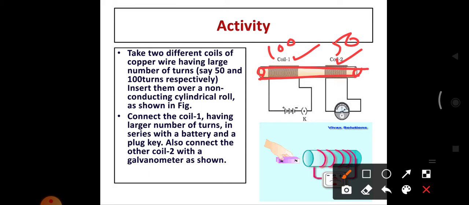Connect coil 1, having the larger number of turns, 100, and coil 2, having 50 turns. Coil 1 is connected in series with the battery and key. Also connect coil 2 with the galvanometer.